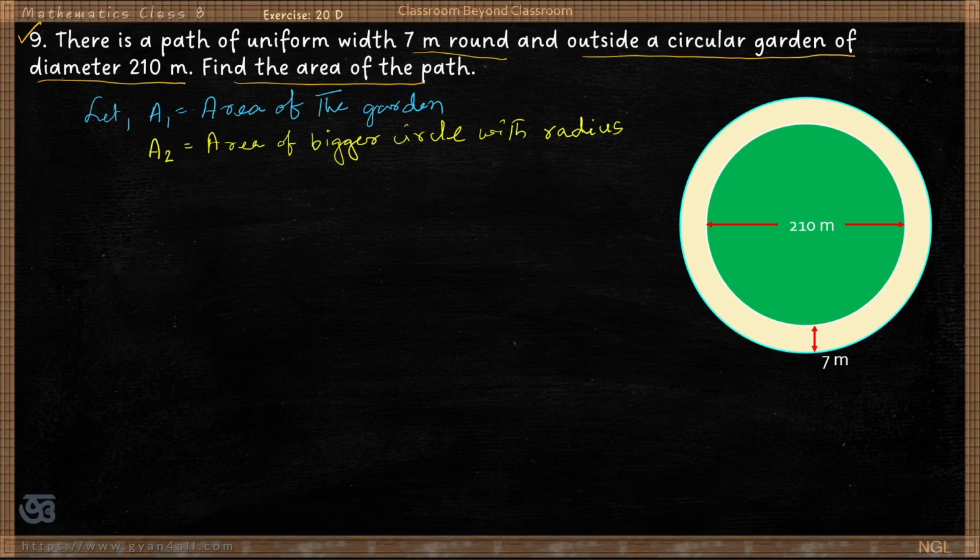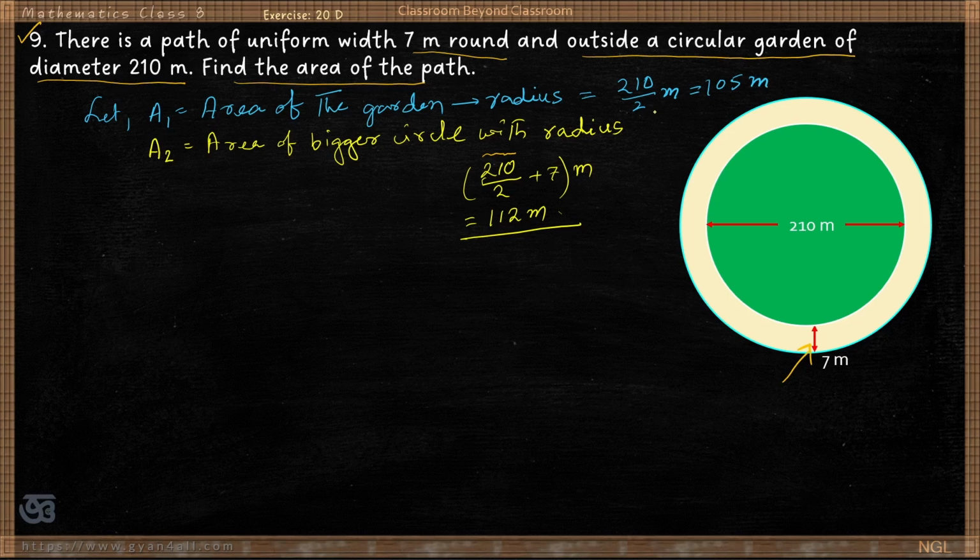This time the radius will be the radius of the garden plus the width of the path. The radius of the inner circle is equal to 210 divided by 2, because 210 is the diameter, that is equal to 105 meter, and adding the 7 meter width, the radius of the bigger circle is 112 meter.